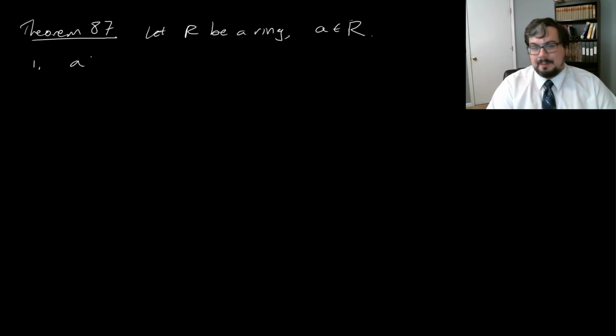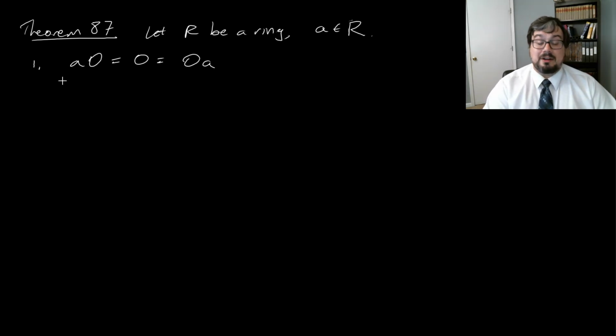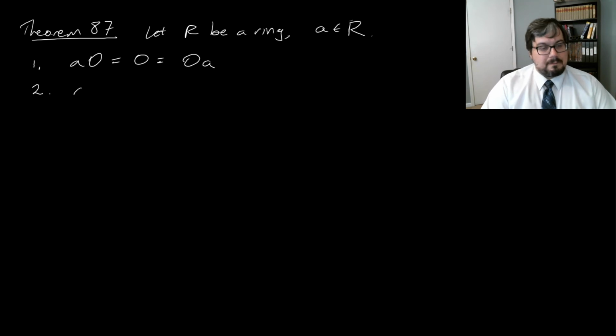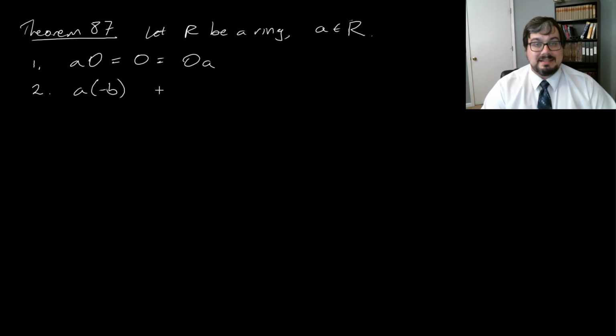So the first one, I mentioned this earlier. If I take any element of a ring and multiply by the additive inverse, I should get the additive inverse back, no matter which side I multiply it on. So this is very intuitive. This is exactly what we think should happen when we multiply by 0. When we multiply two things and one of them has a negative on it, it doesn't matter where that negative sign goes.